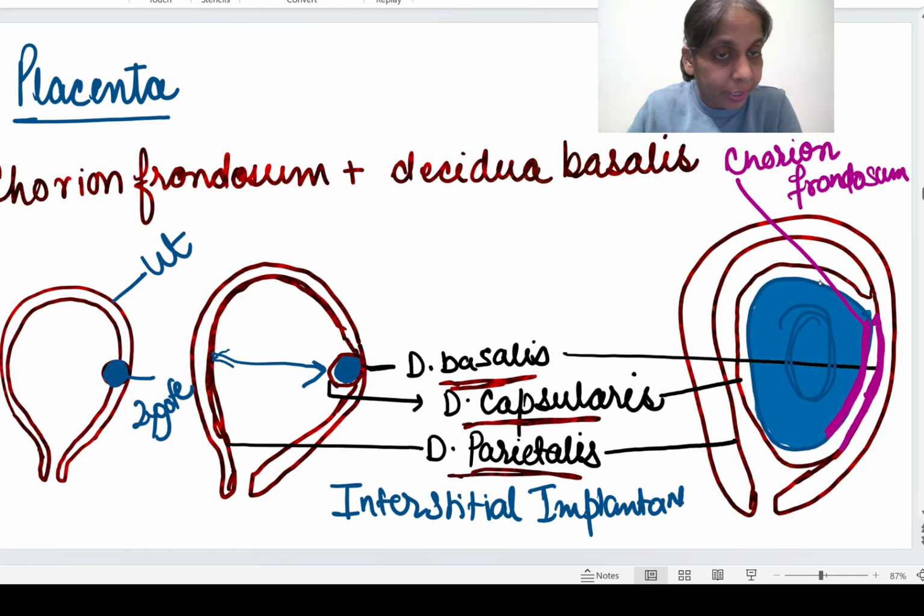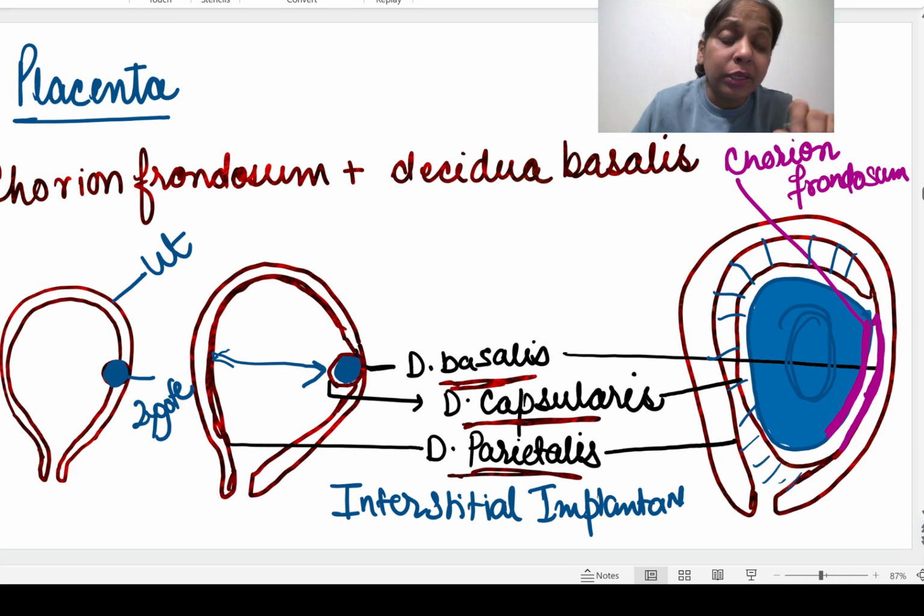So slowly this space gets totally obliterated between the capsularis and the parietalis. And you know that around the fetus are two membranes, amnion and chorion.